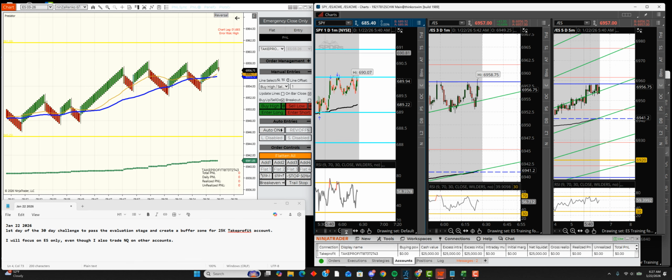I've put the SPY levels in, basically regular SPY numbers like 690, 691, 689, just for me to keep an eye on the exact numbers of the SPY. I use that because the futures market reacts to the options market, and it's important as extra confirmation.